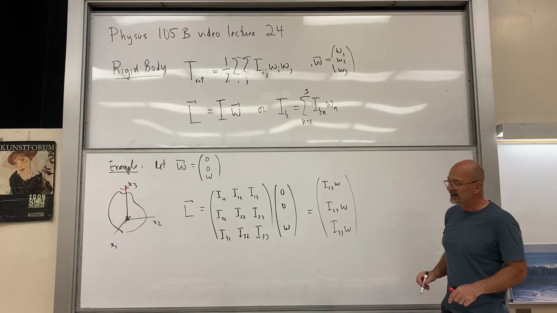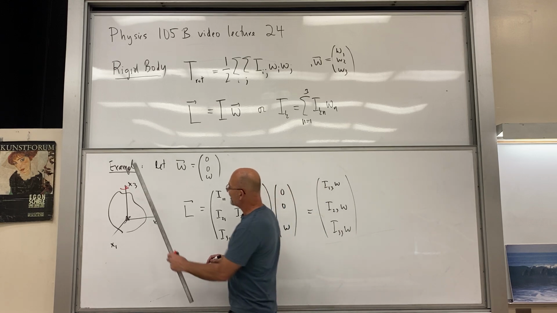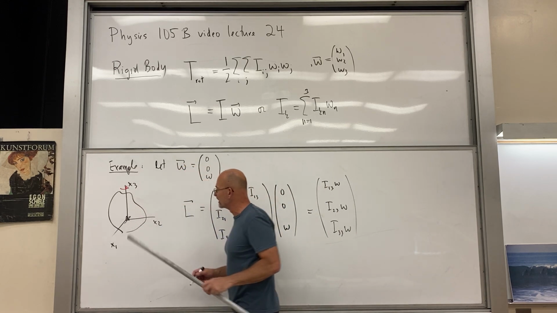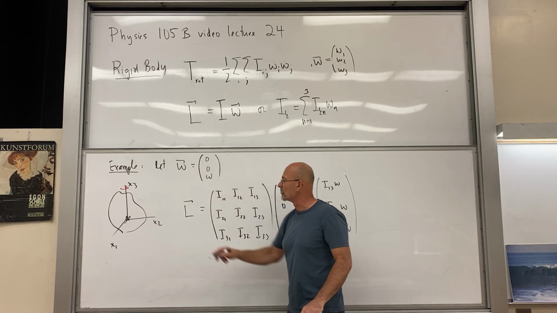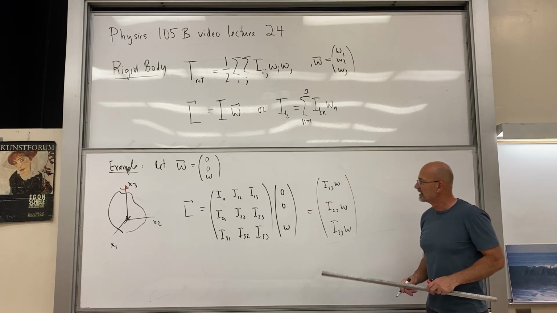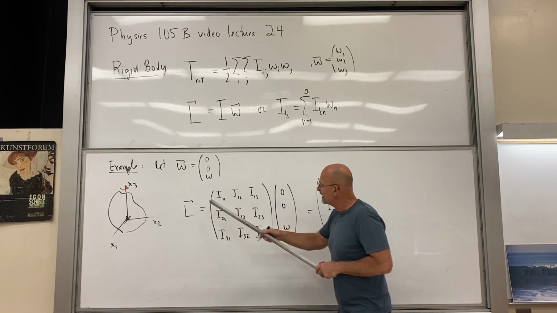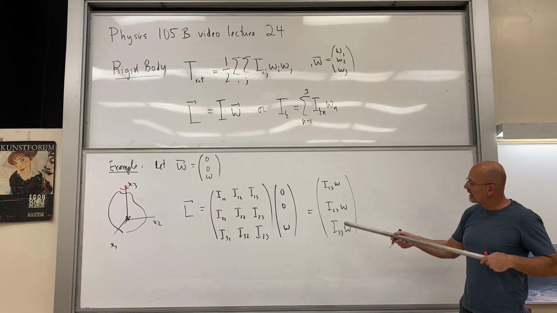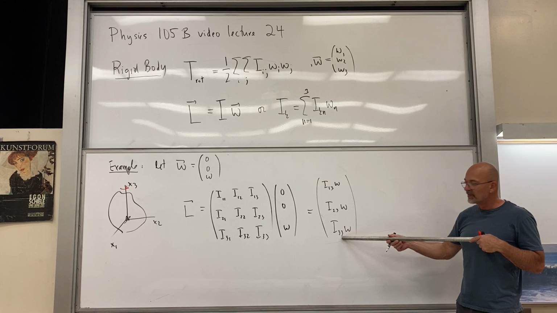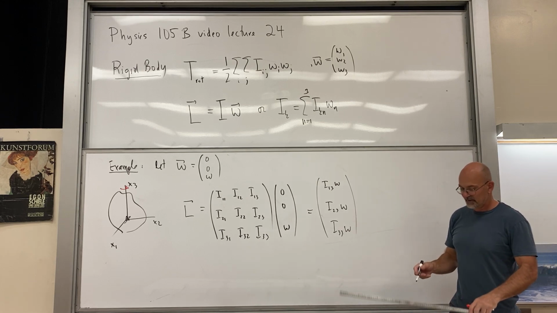And so right there you see we're rotating about this axis here, as indicated with the little red arrow. But the angular momentum is not parallel, otherwise it would only have this component right here.